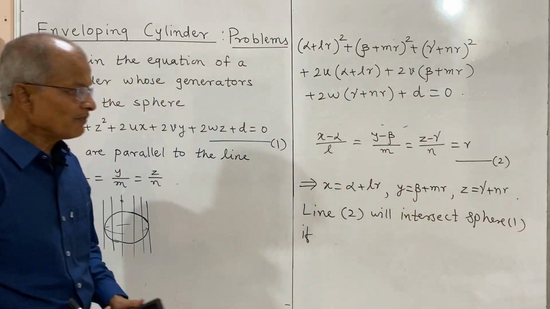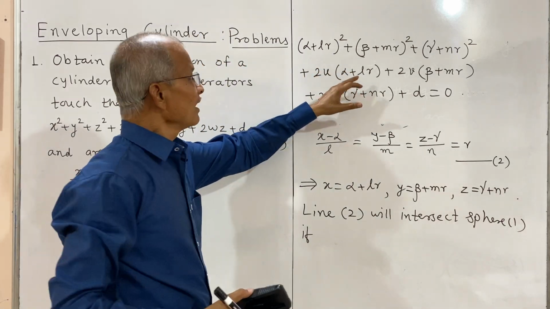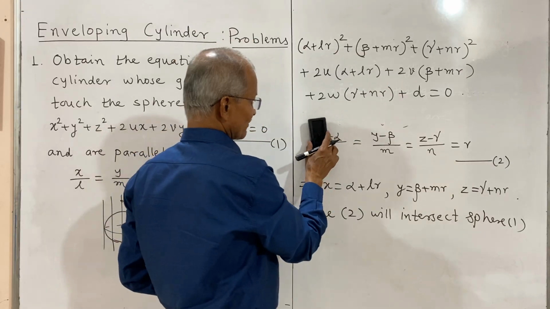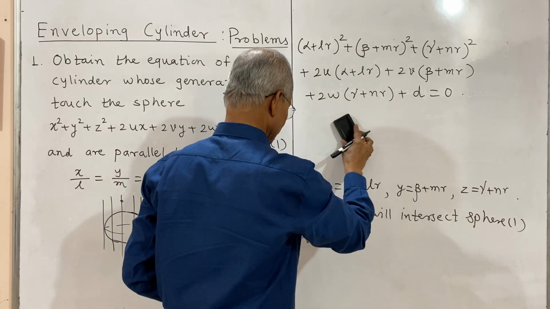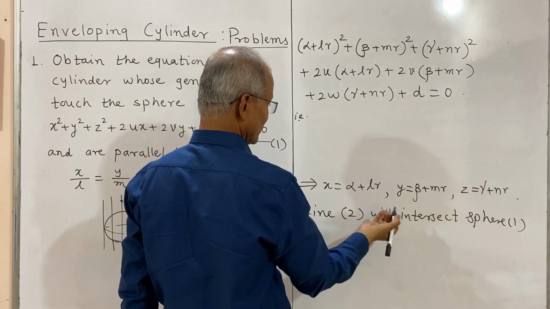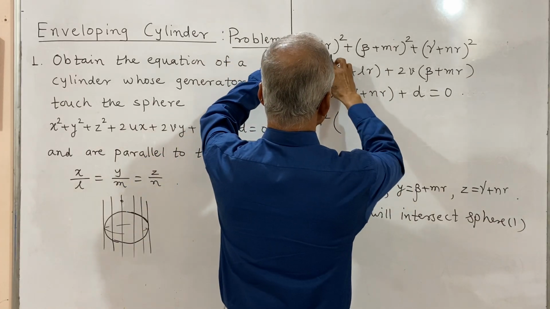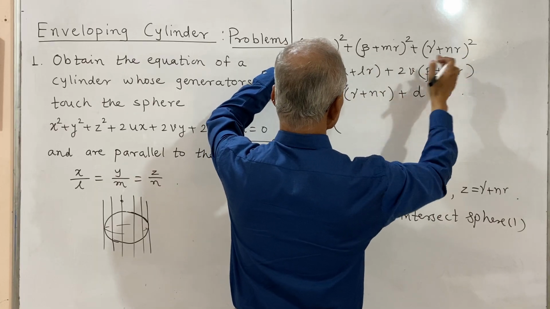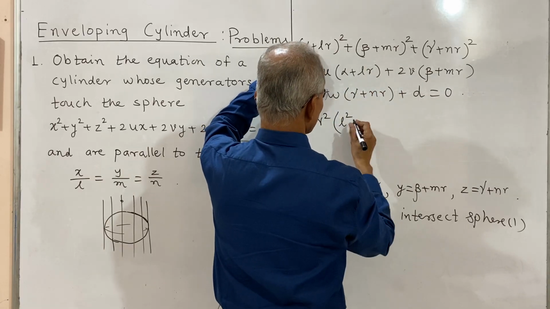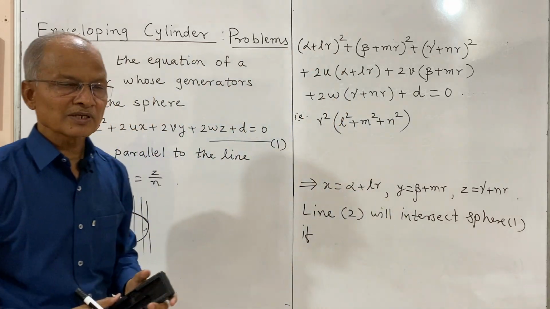We shall simplify this equation and write it as a quadratic in r, because there are terms of r squared here, and we will collect the terms of r squared first. That is r squared into bracket, and here you see the terms of r squared will be these three terms, with coefficients L squared r squared, M squared r squared, N squared r squared. Therefore r squared common in bracket, it will remain L squared plus M squared plus N squared.